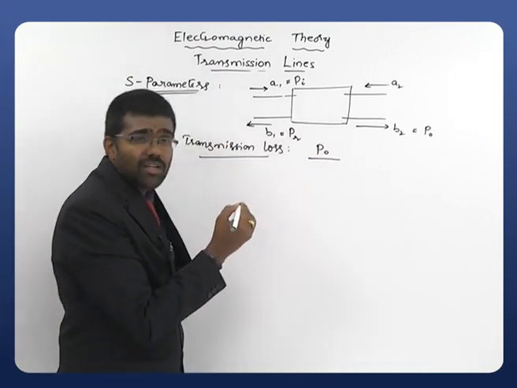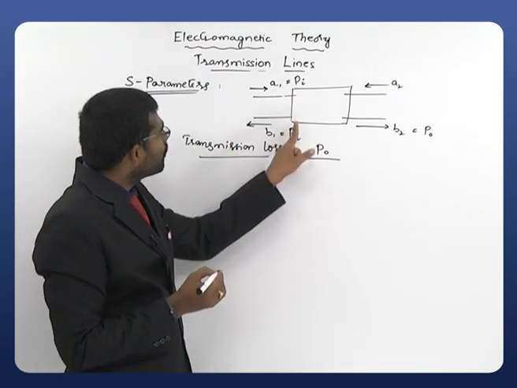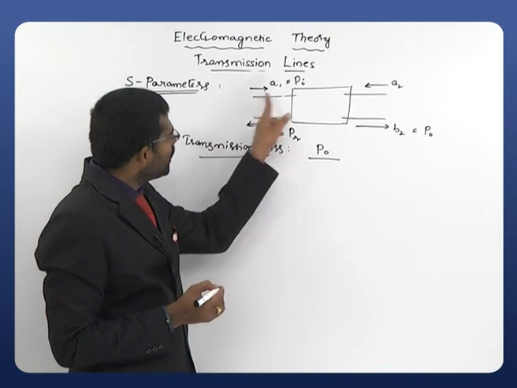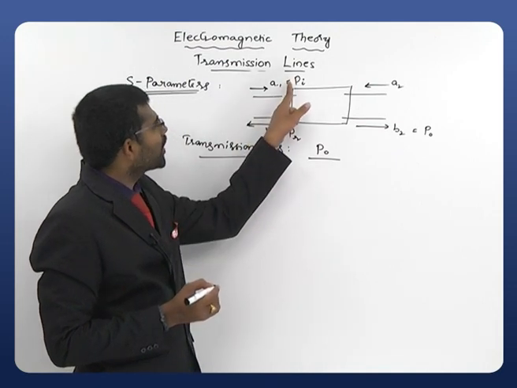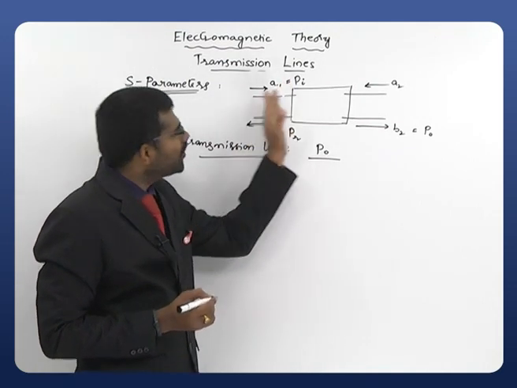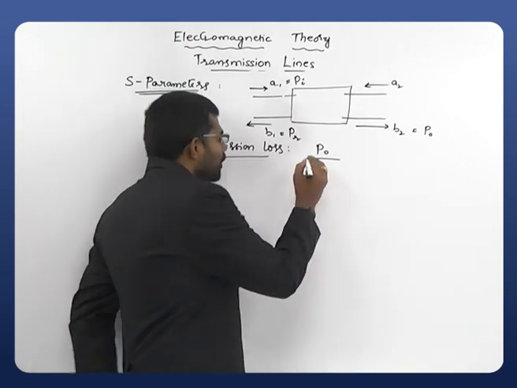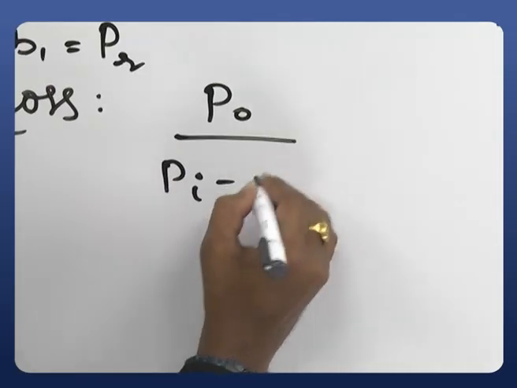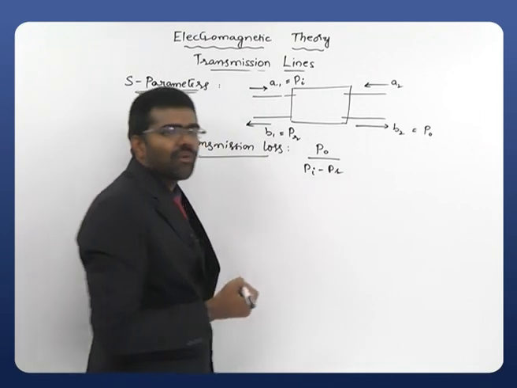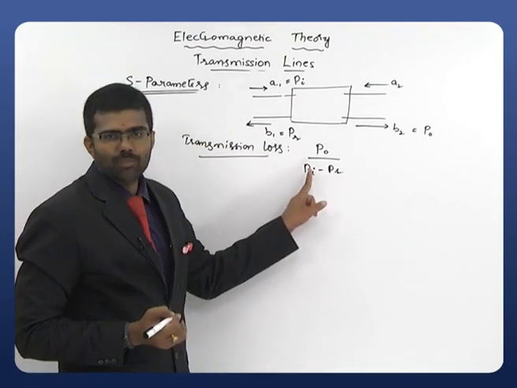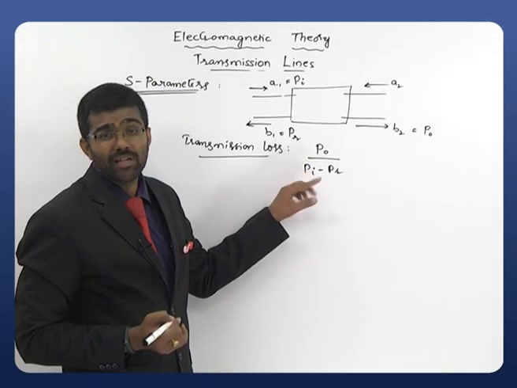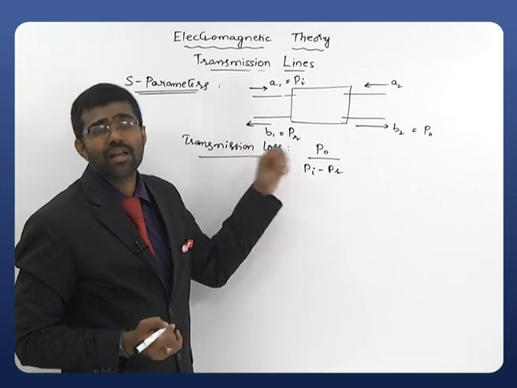How much amount of power transmitted? That is incident minus reflected. This is the incident, this is the reflected. If you subtract reflected from the incident, obviously what you will get is the transmitted. So P naught divided by Pi minus PR. This is the general formula for calculation of our transmission loss. How much amount of power will be lost while it is transmitting.